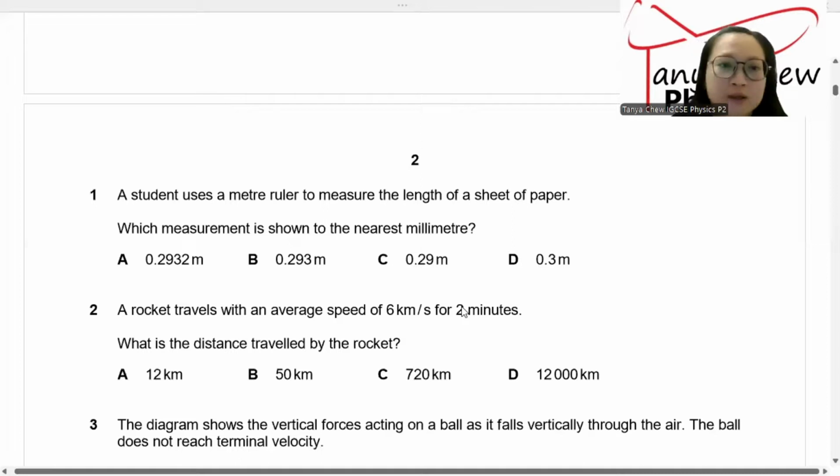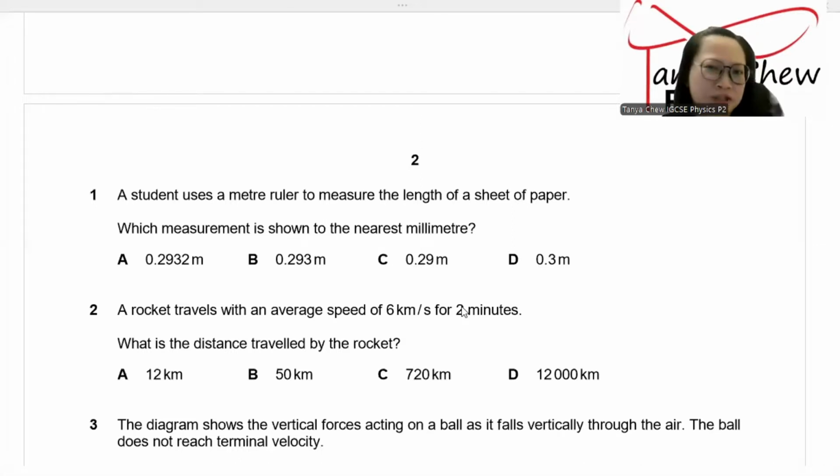Number one, a student uses a meter ruler to measure the length of a sheet of paper. Which measurement is shown to the nearest millimeter? First of all, this is a piece of paper right here. Whenever you use a meter ruler, you have to understand the sensitivity of the meter ruler.